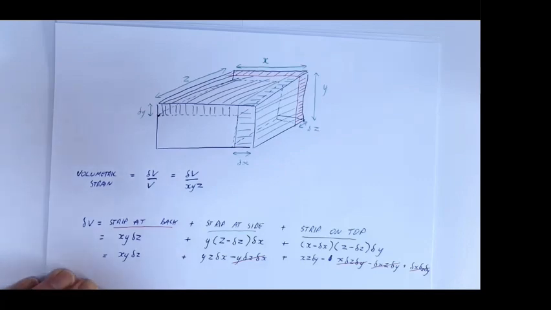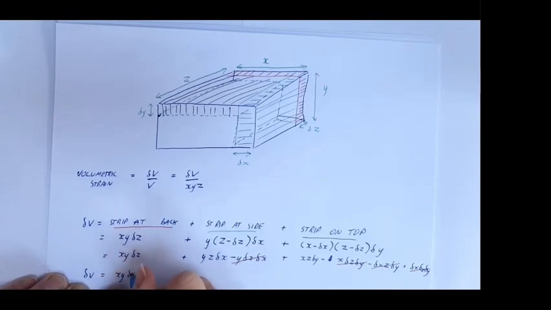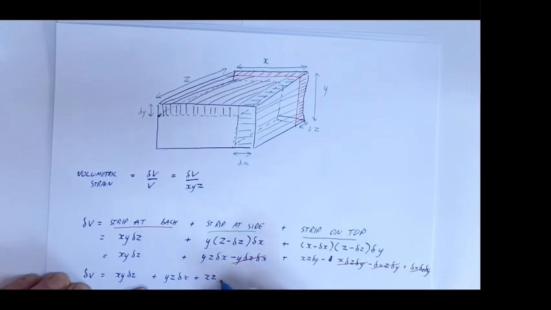So my change in volume is simply x, y, delta z plus y, z, delta x, plus x, z, delta y. Those other terms have disappeared. So that's my change in volume.